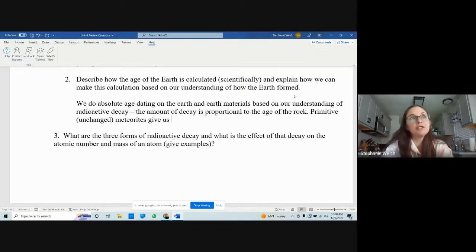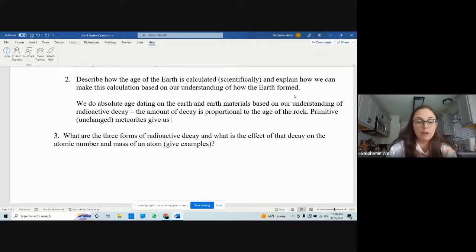So these are basically sort of leftovers from the formation of the Earth, and as such, we know these have been around, floating around in space since the formation of the Earth itself, or at least we theorize that.